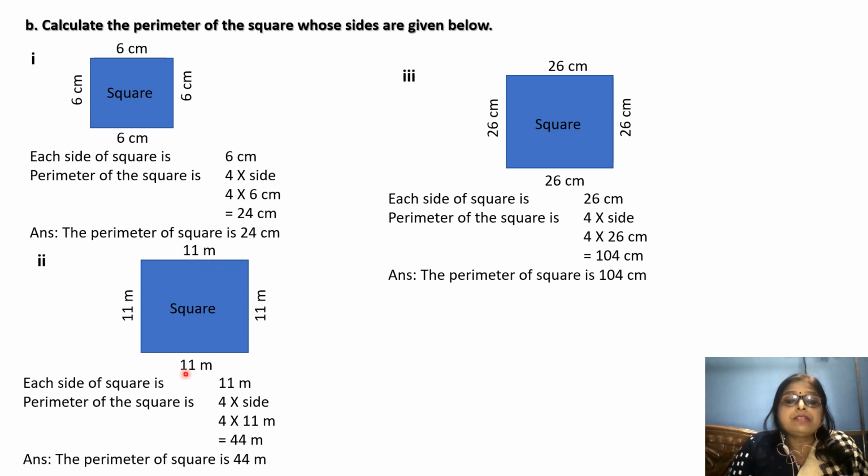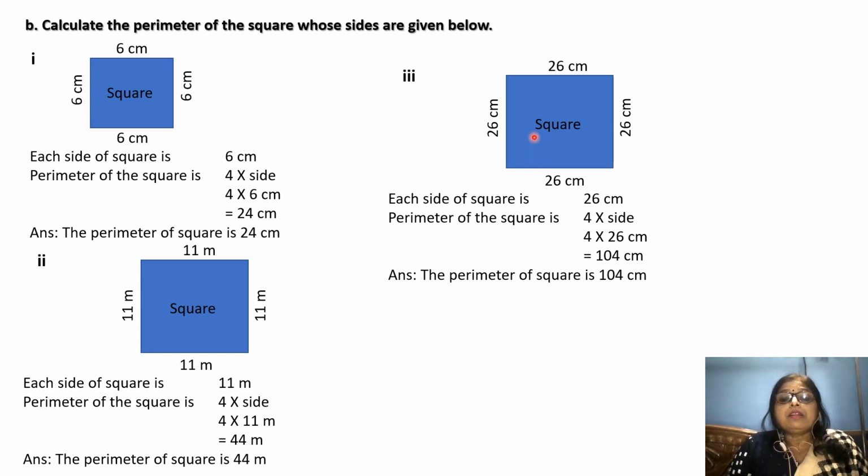So you draw this square and write down the measurement. Now, next step, write down each side of the square is 11 meter and perimeter of the square is 4 into sides. So that is 4 into 11 meter and 44 meter. So you can say that here the perimeter of the square is 44 meter.